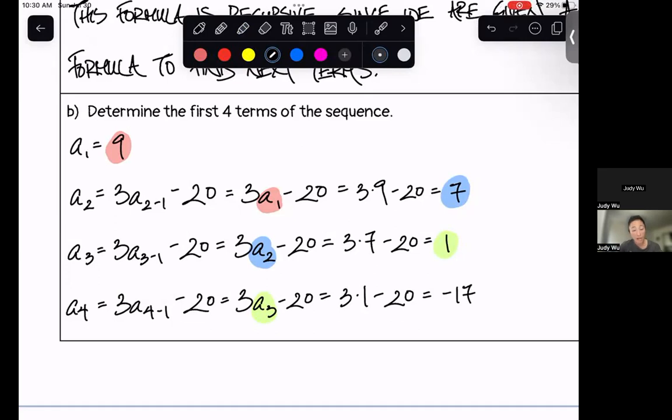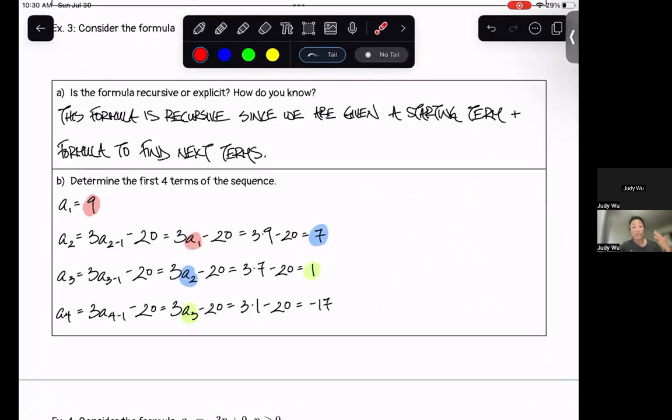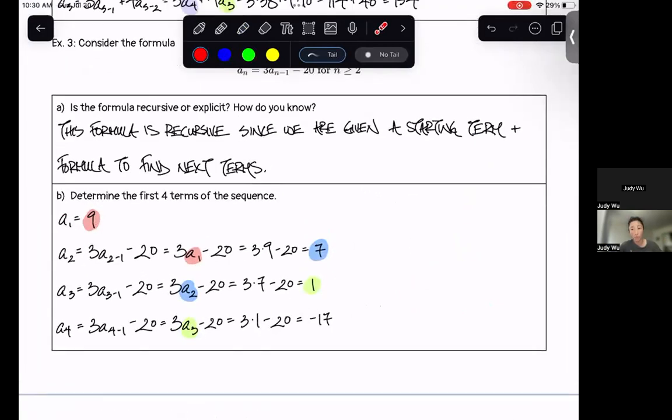Now this gives us our a sub 4. We could use this to find a sub 5, and once we find a sub 5, we could use that to find a sub 6, and then use that to find a sub 7, okay? So it is recursive in the sense that we need to know the one that came before in order to find the one that's coming next, okay?